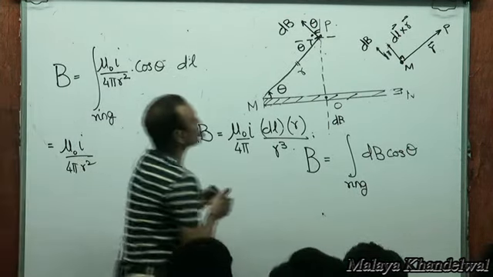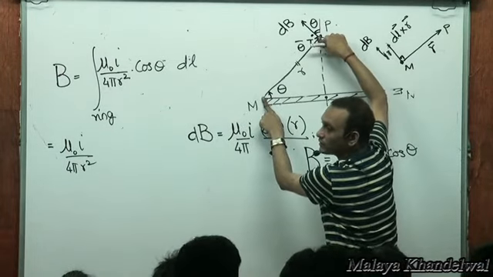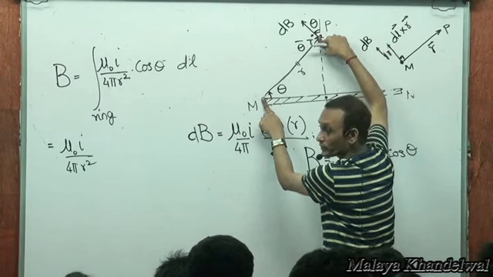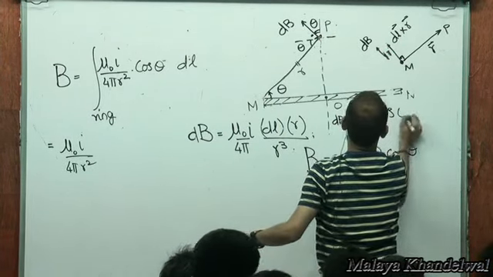So this is like mu naught I by 4 pi r squared coming out. Cos theta. What is cos theta? This is capital R divided by small r. That's cos theta.